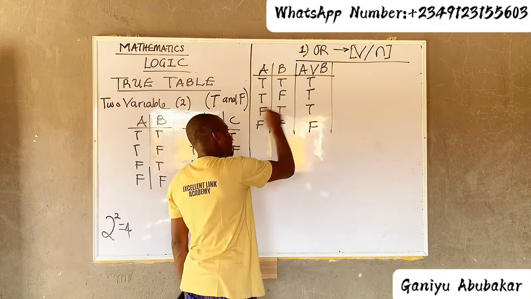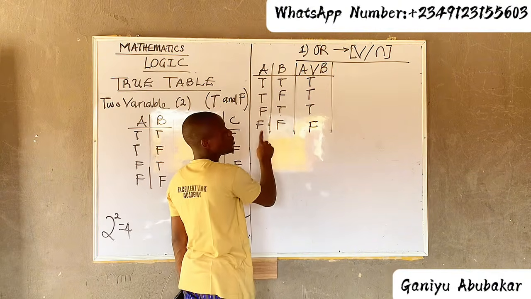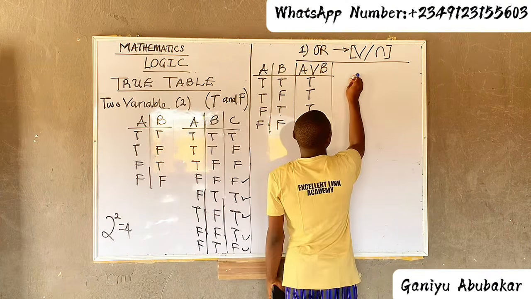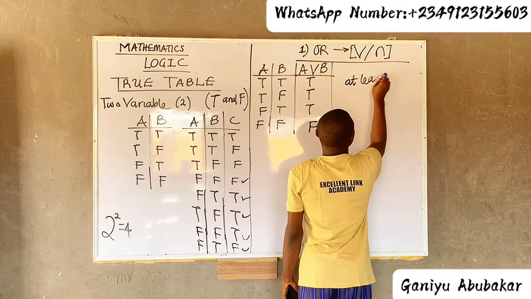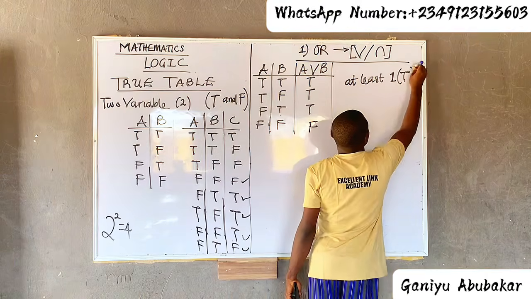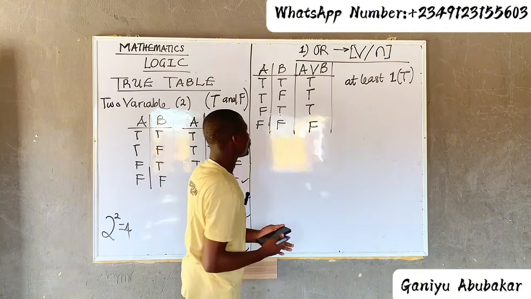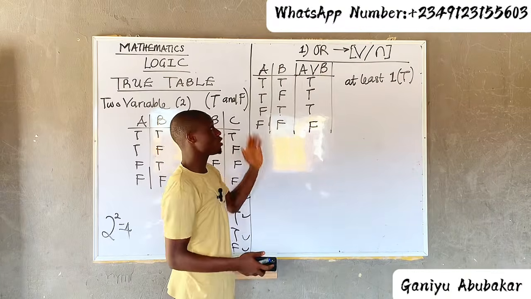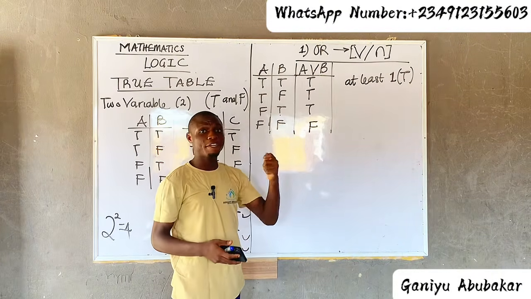FT, T still exists, I'll have T. FF, doesn't have T here, I'll have F. So when it comes to or, I need at least one true, one T. So if I have at least one T, it means my end product will be T. That's the concept for or as the first connective.